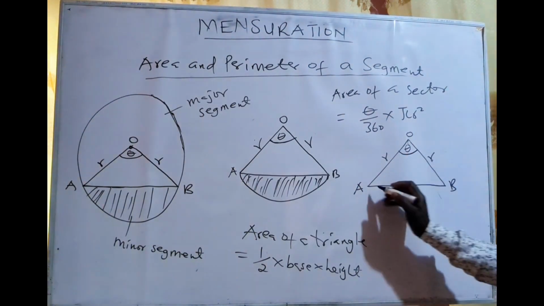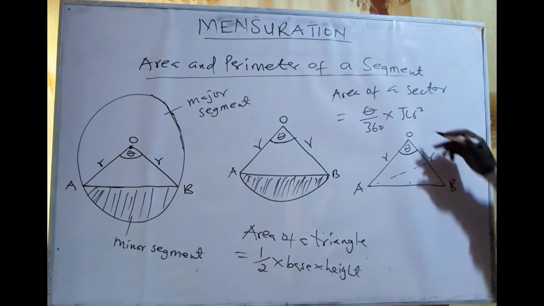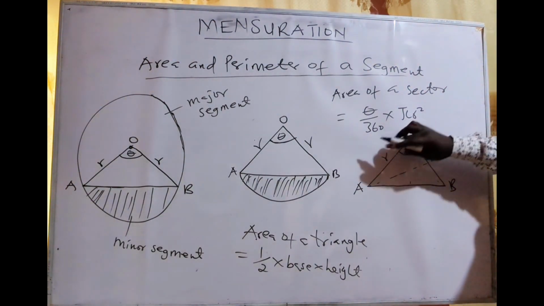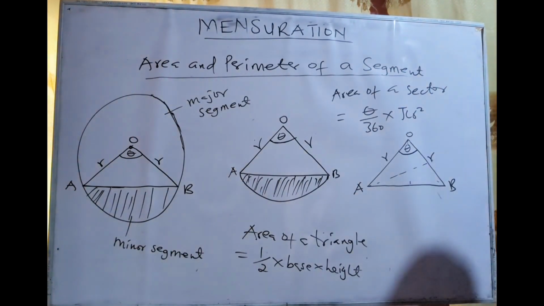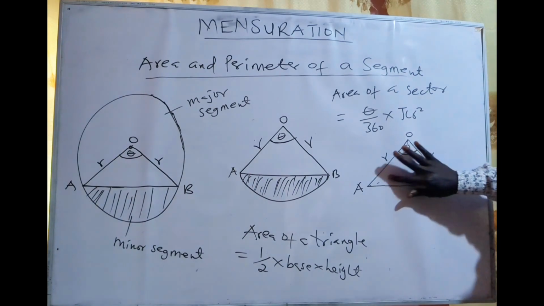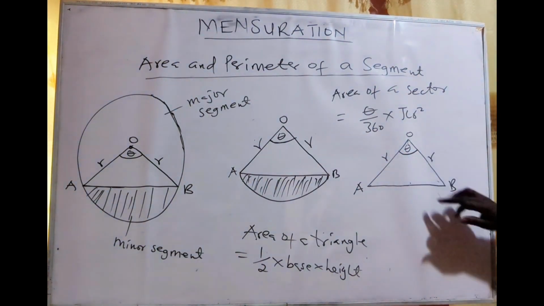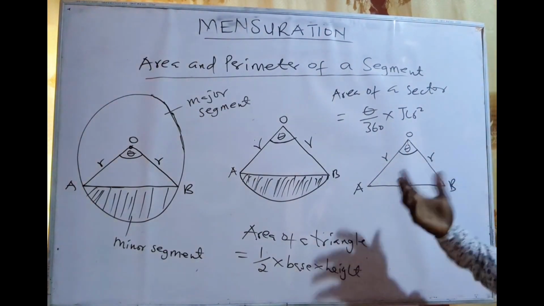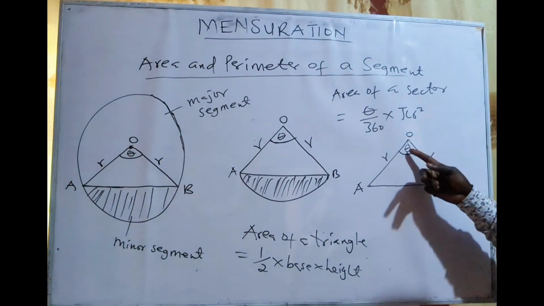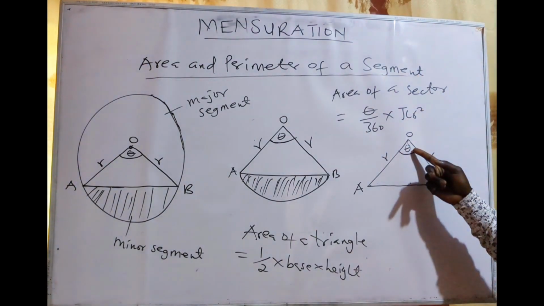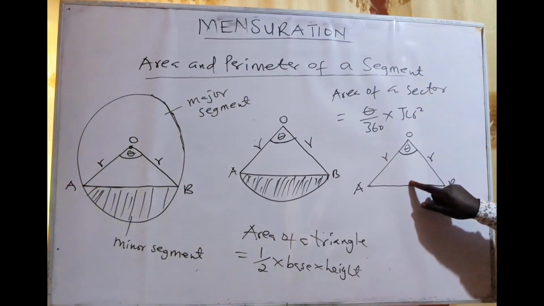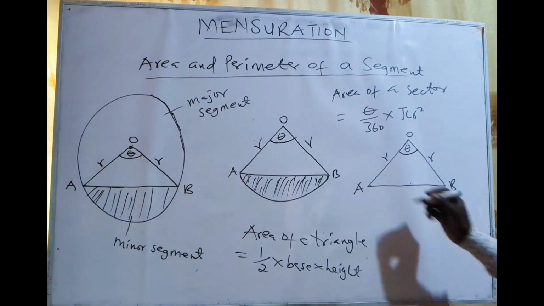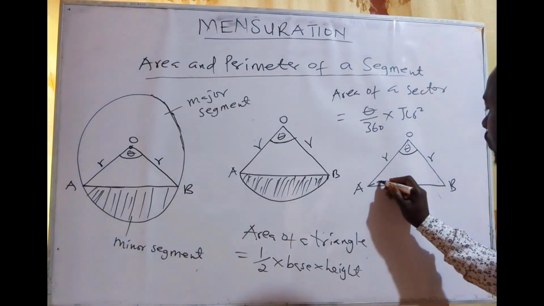At the same time, if I draw my height from here, then this side becomes the base. To make it simple for us, we draw the height from here, as we normally see in most triangles, because we don't know the value of this angle, and that would be a little bit difficult. So let's draw our height from here.